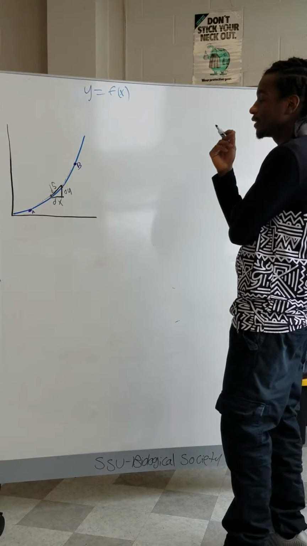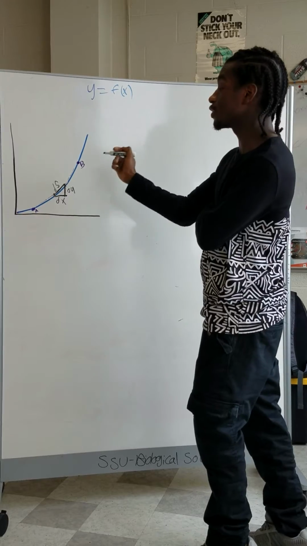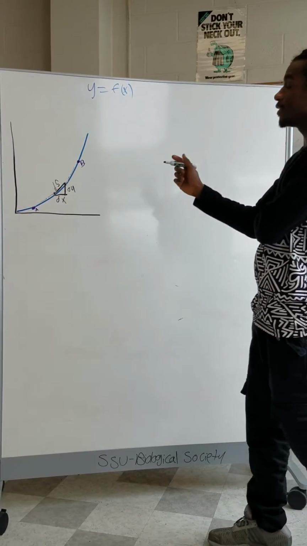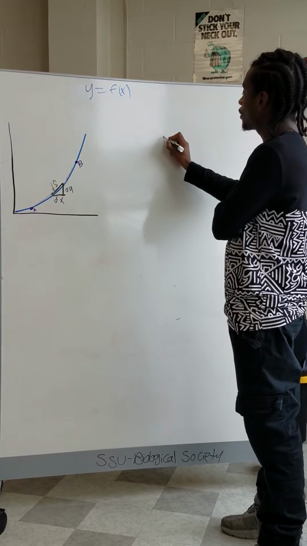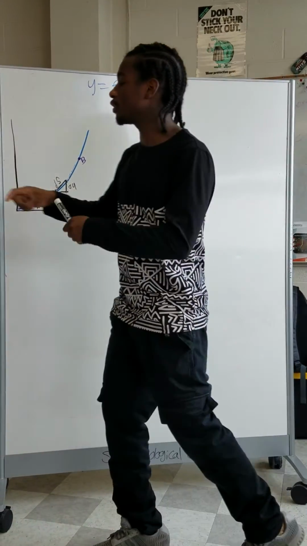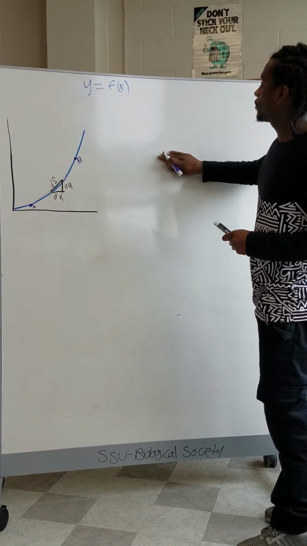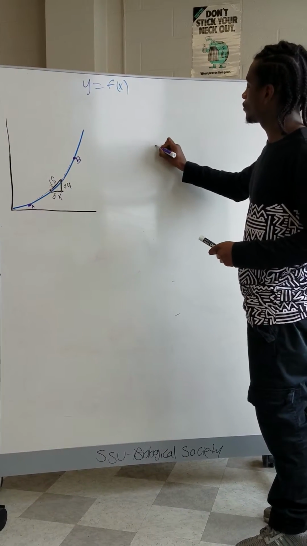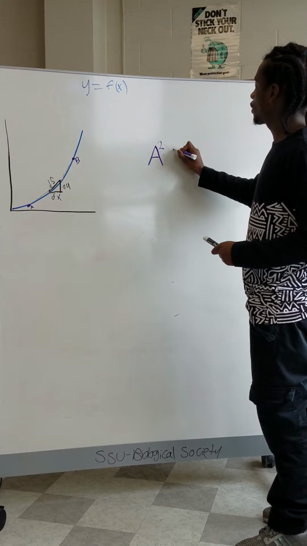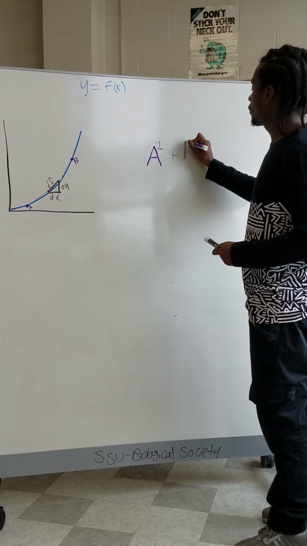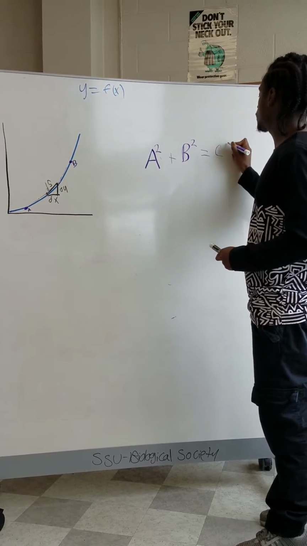We have a relationship that we can exploit, and that is the Pythagorean theorem: a squared plus b squared is equal to c squared.